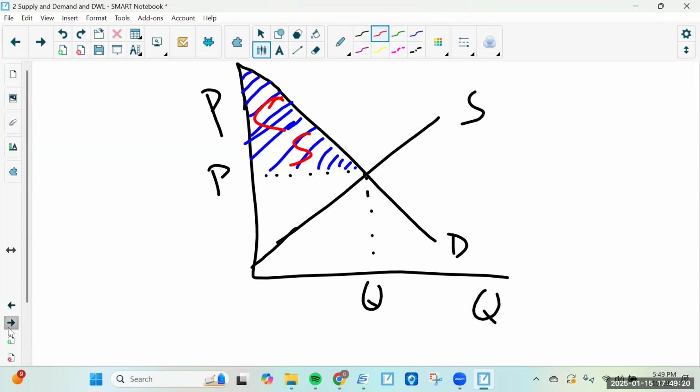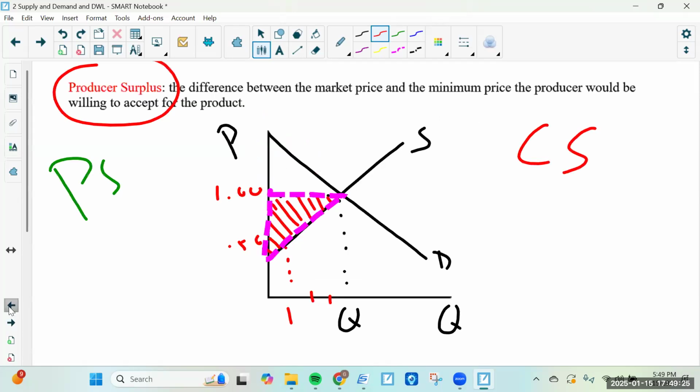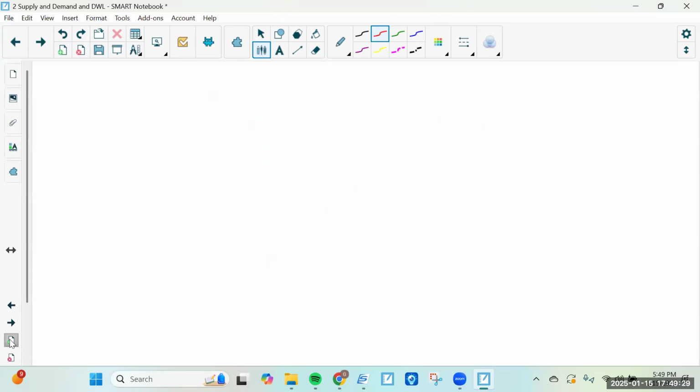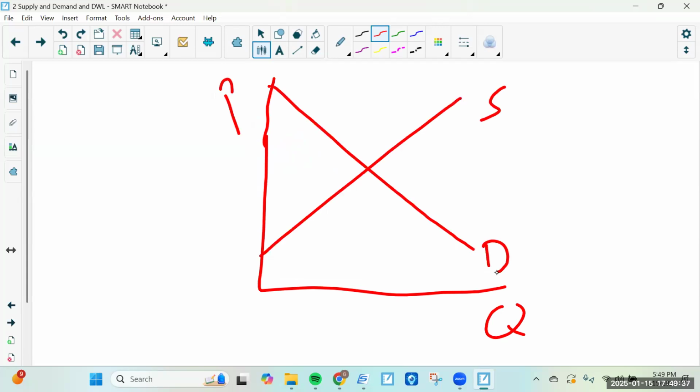Okay, so we've got consumer surplus and producer surplus. When we put consumer and producer surplus together, we get what's called total surplus. Yeah, this side doesn't write well in this pen. Total surplus is consumer and producer surplus combined. So if they said label your total surplus or shade your total surplus, it would be all the consumer surplus plus all the producer surplus.